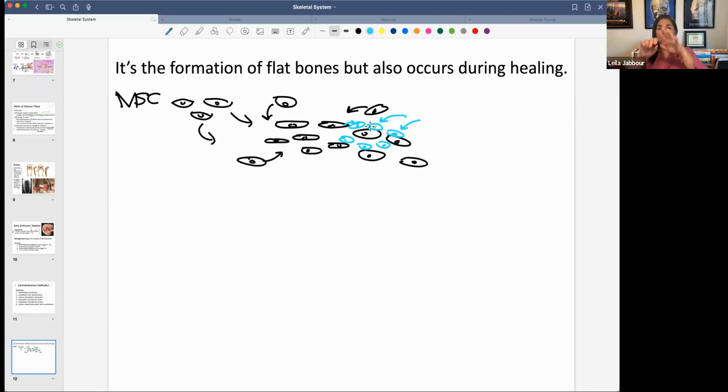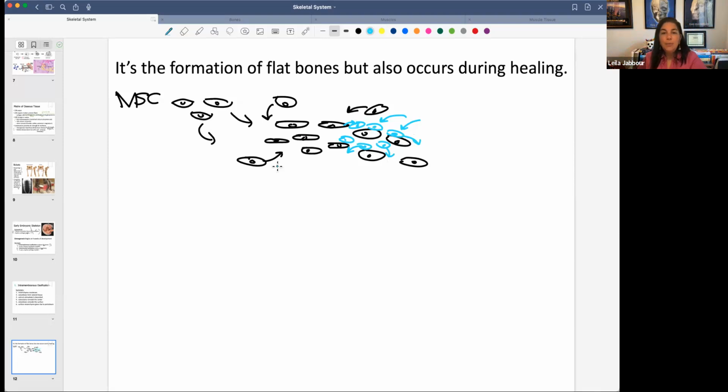They form this scaffold of what it should be, and then slowly they turn into osteoblasts, and then the osteoblasts start producing the actual matrix. These mesenchymal stem cells are not producing any matrix or bone tissue, but they line up where bone should be put in place. They line up flat like that, all huddled together. They start turning into osteoblasts, and the osteoblasts start producing the matrix.